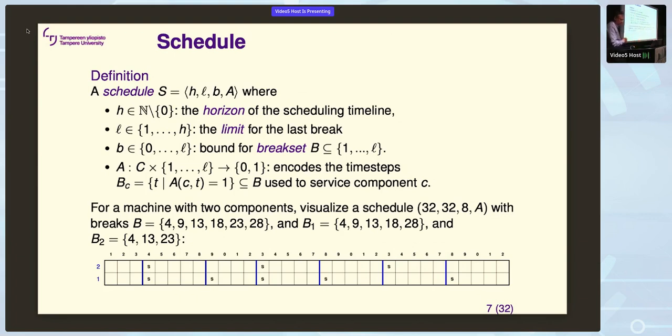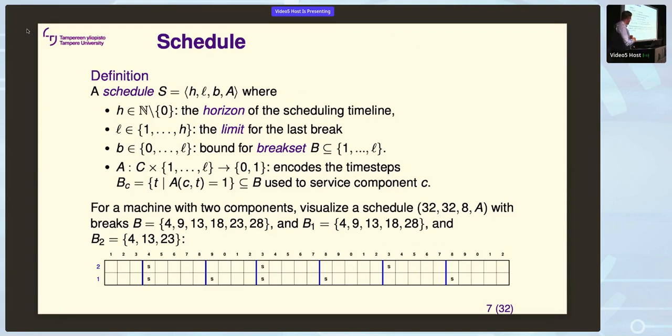So there are 32 units of time, and these blue lines here indicate breakpoints where the machine is closed and we can maintain it. And then there is a parameter which tells how many of these blue lines we can have. In this case, we have set the upper limit of 8, but we only have 6 in the picture.